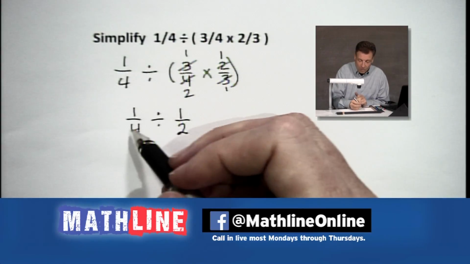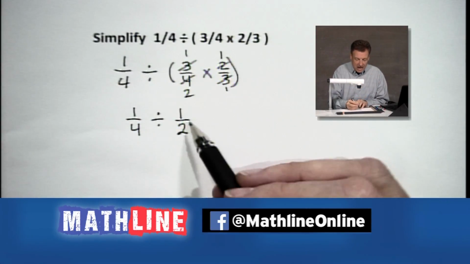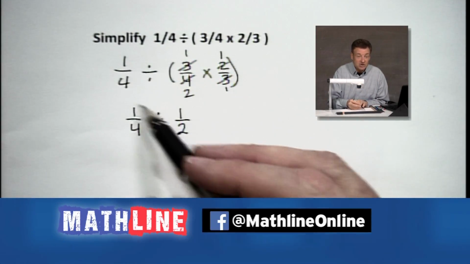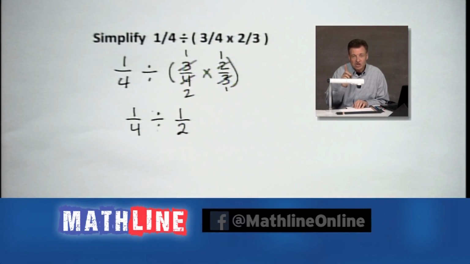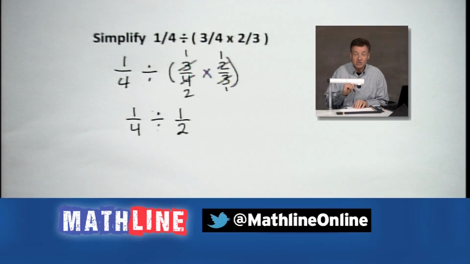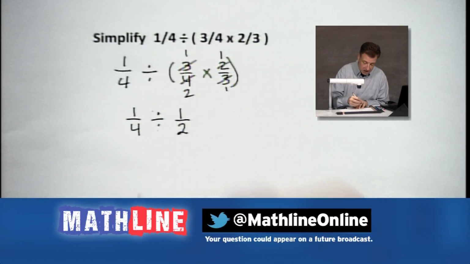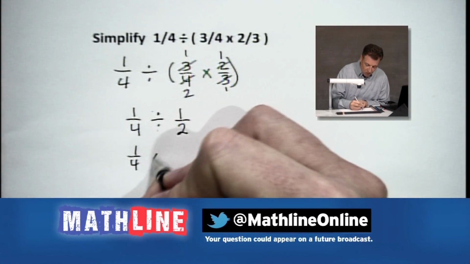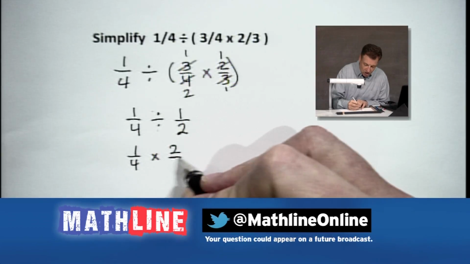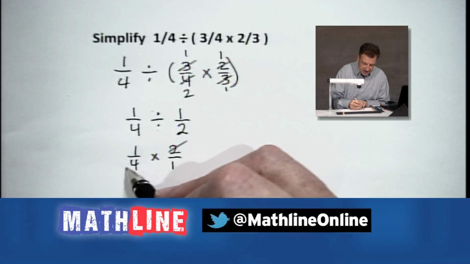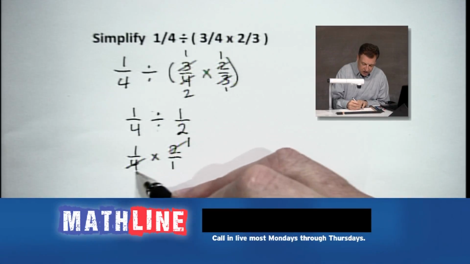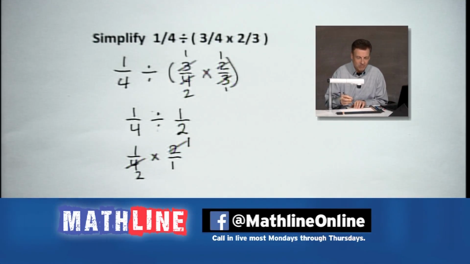Now, 1/4 has not changed in any way. It's not going to change because it's basically our starting base here. But what we're going to do, we're going to divide that by 1/2, which means we have to change. Yes, we do have to change to the reciprocal, the big R word. 1/4, and we're going to multiply it times 2 over 1. And you know what's going to happen? It's pretty. It's nice. It's a 1 and a 2 again. Boy, we love that 1/2 in this problem, don't we?